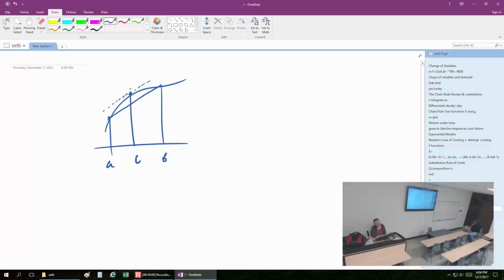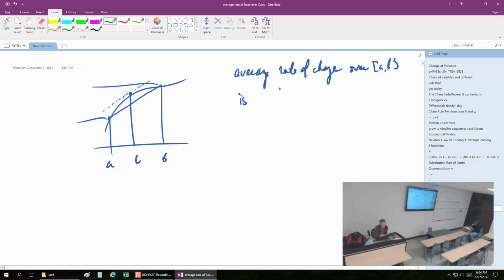So the mean is standing for the most part for average. The average rate of change over an interval is the difference of the two values, f of b minus f of a, over b minus a.